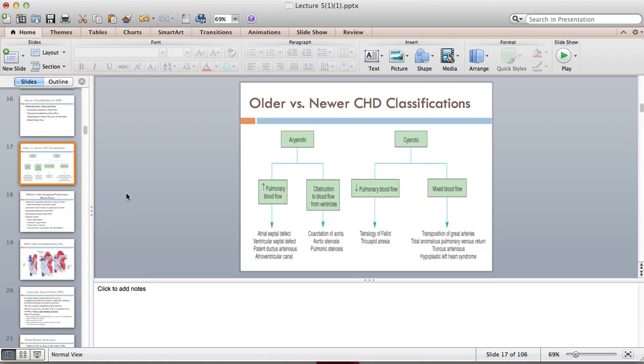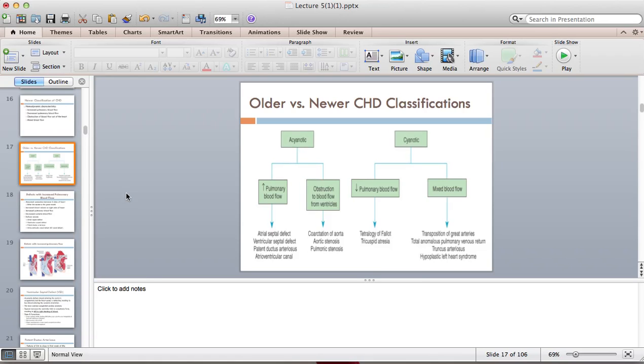On the other hand, when there is flow into that pulmonary vessel, but blood that gets into the ventricles is kind of slow for some reason, that blood went all the way to the lungs, gathered oxygen, but going back to the ventricles is kind of slowed down.